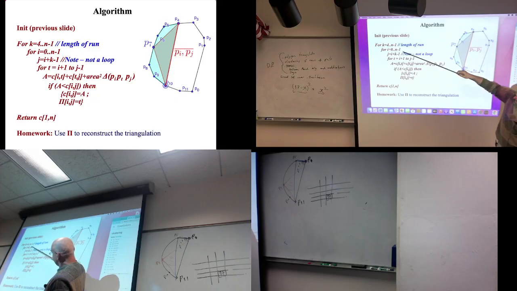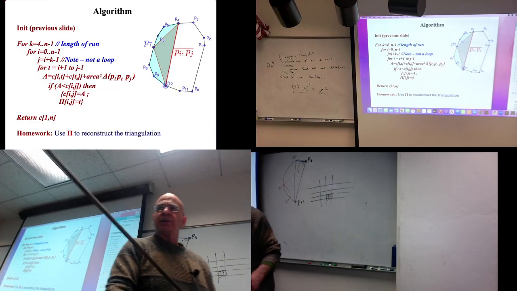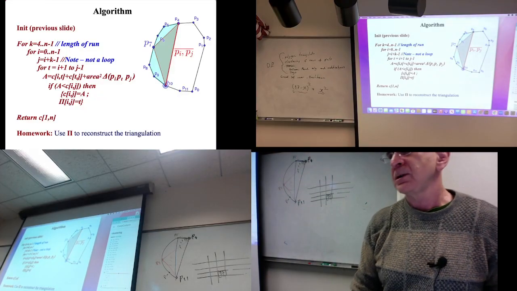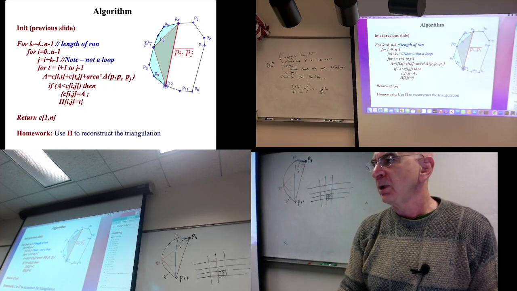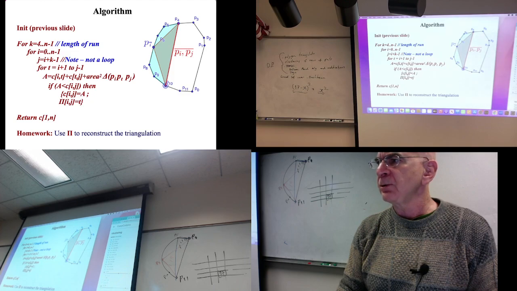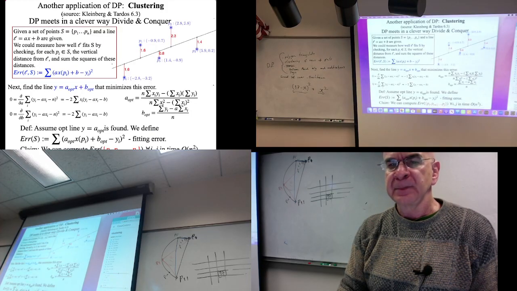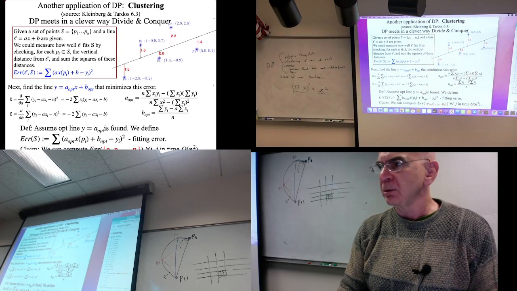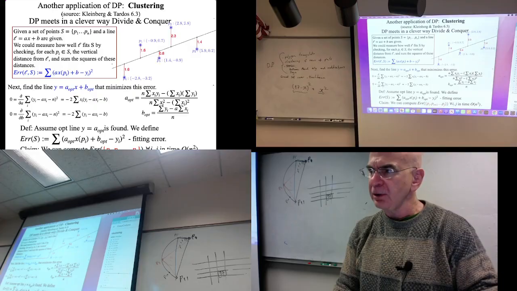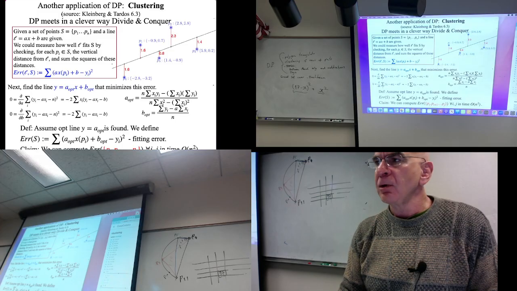Between the start and the end of the run, I need to check all the possible locations of the third vertex, another n. So n cubed. At the top of my head, I don't know if there is any way to get linear memory. Without any tweaks, the time is n cubed, but memory is n squared, for all i, j, just the cost. Again, that's why I don't propagate a description of the whole triangulation, just its cost.